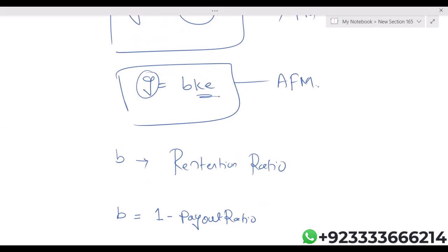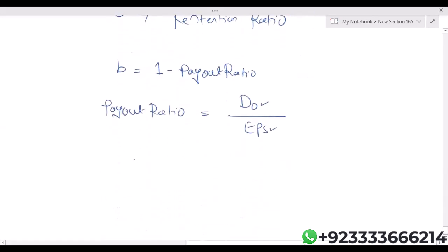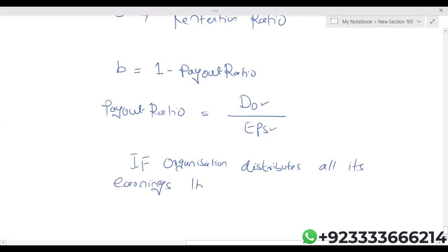Now, one more concept you need to know. If an organization distributes all its earnings, then retention ratio is 0.